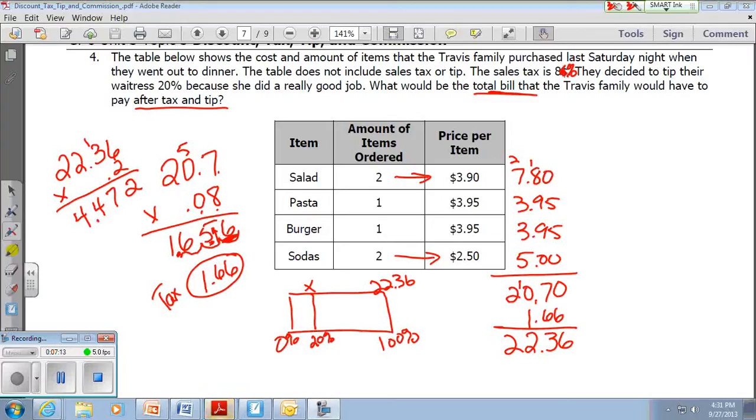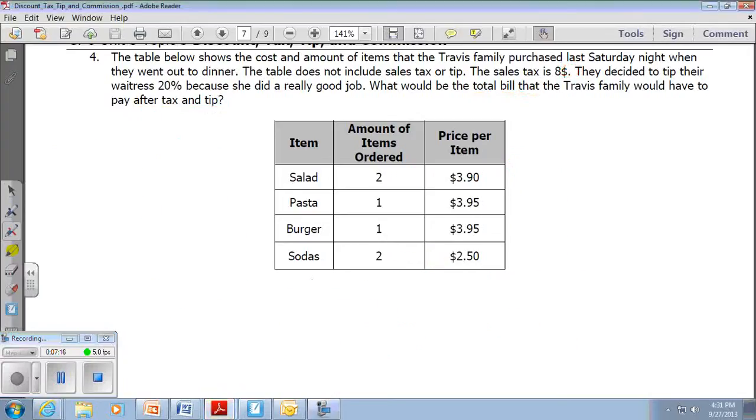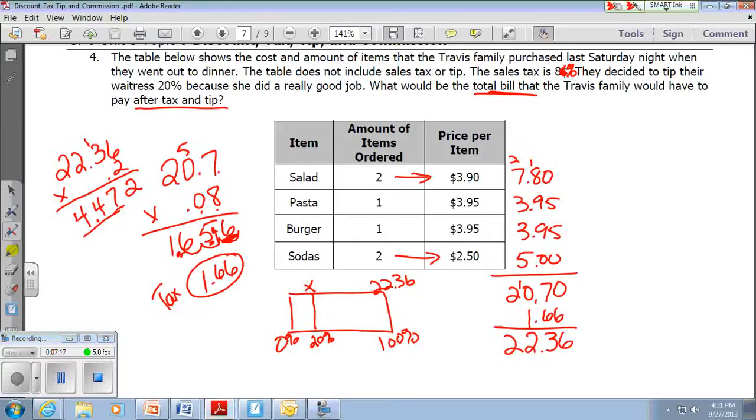So go over 3 places, and now my tip is going to be $4.47. So there's my tip, and I'm going to add it all up together. 2236 plus the 447.